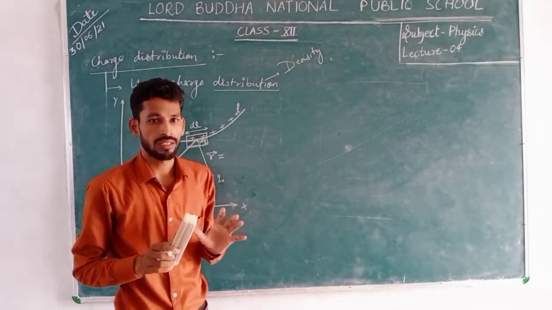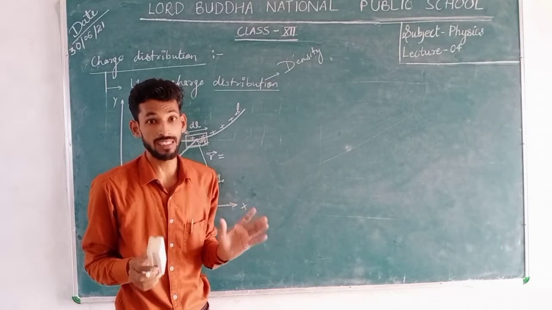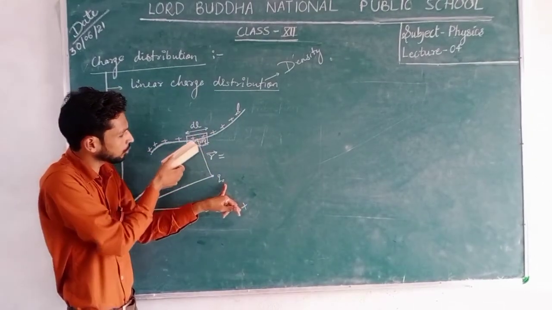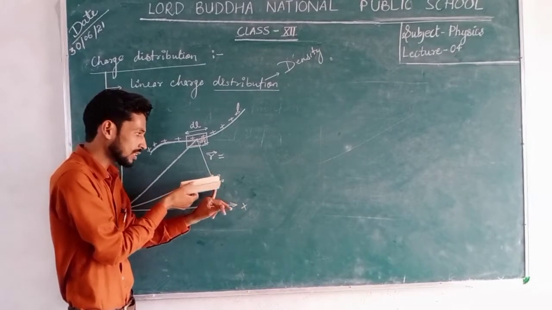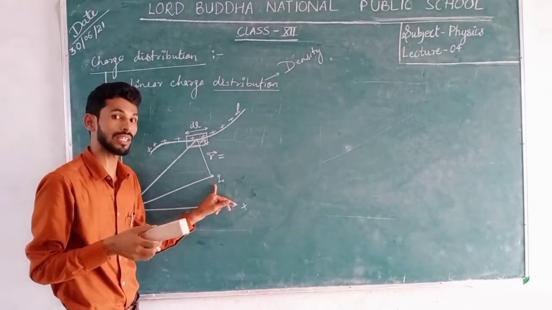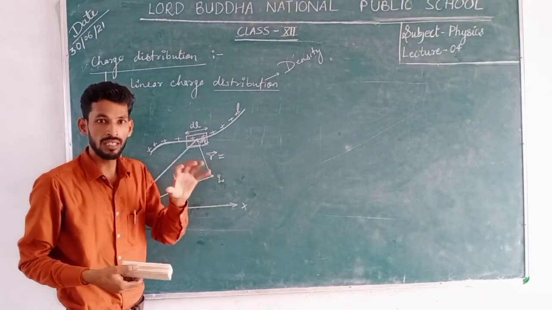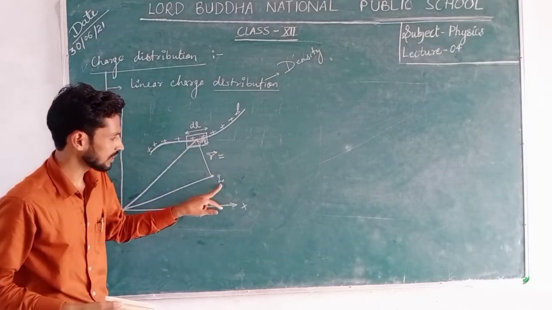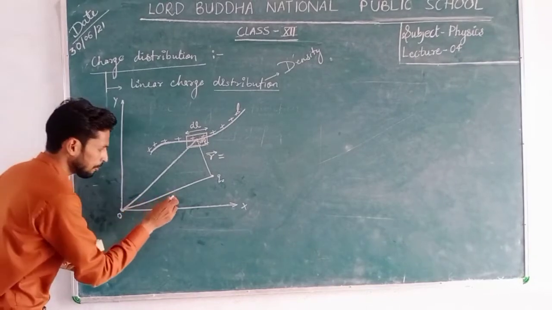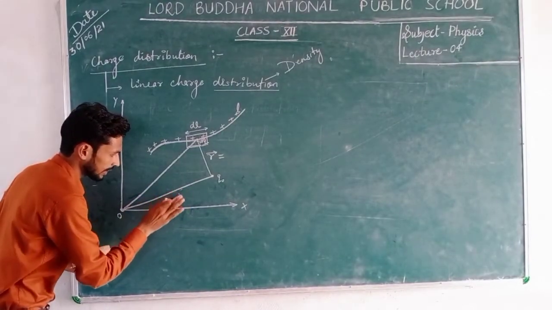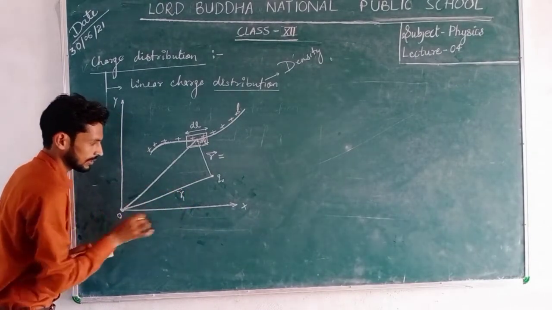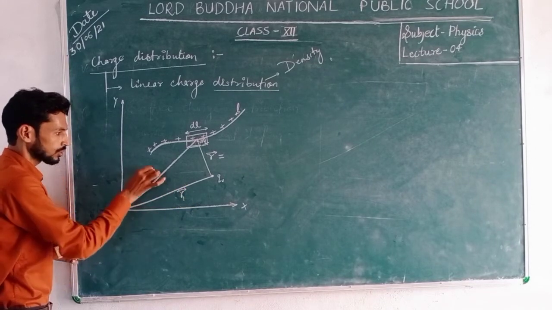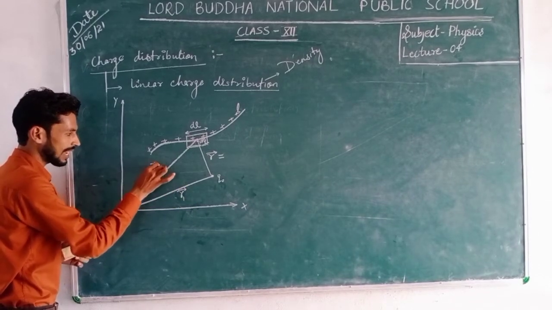It can feel the effect of other charges, but it will not create any effect on other charges. That is the difference between a charge and a positive test charge. If we take the distance r1, and the displacement, write here vector r1. The next one is vector r2.